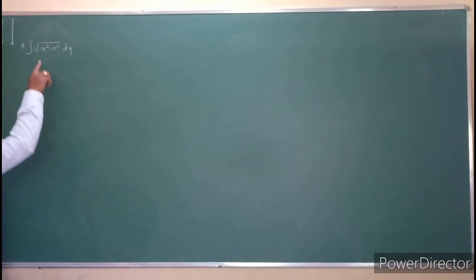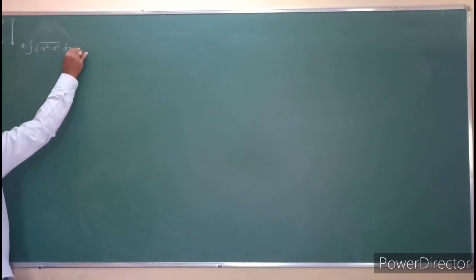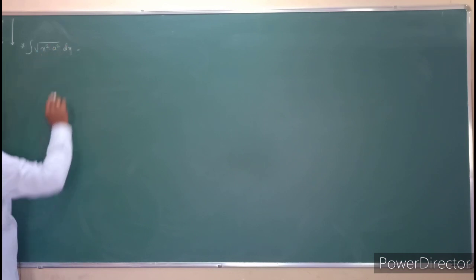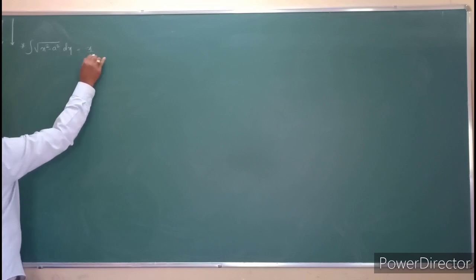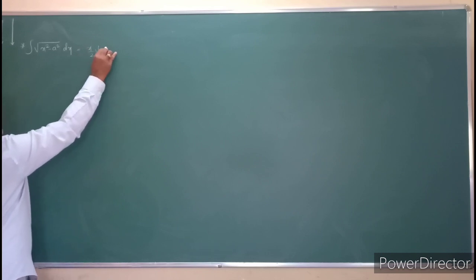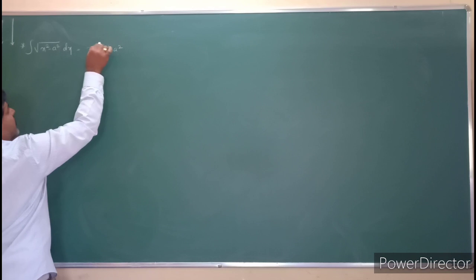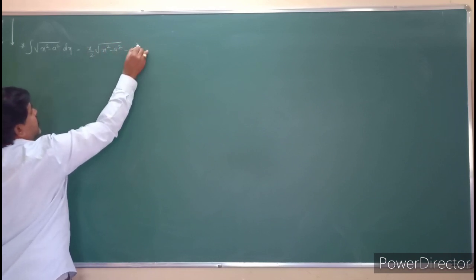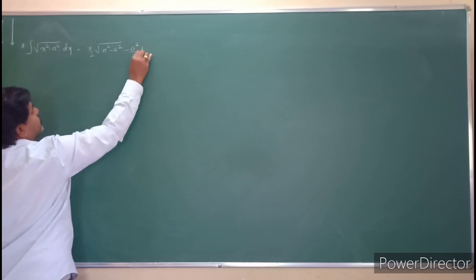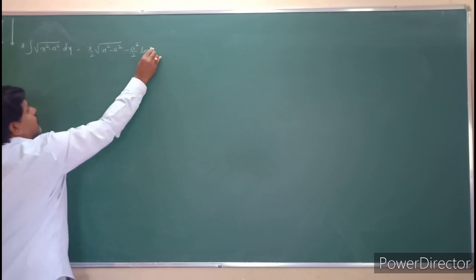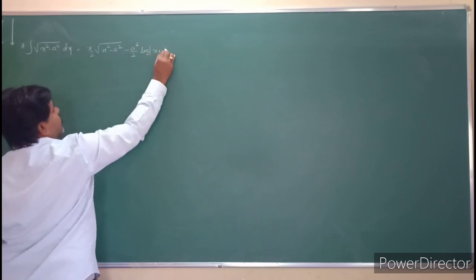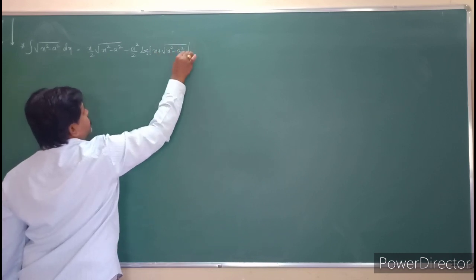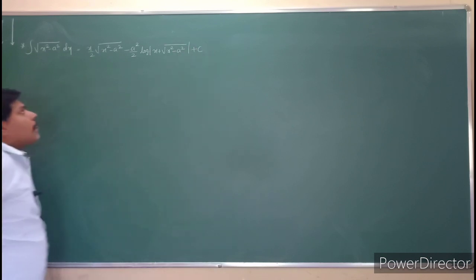Integral root of x square minus a square into dx. That is nothing but x by 2 into root of x square minus a square, minus a square by 2 into log mod x plus root of x square minus a square, plus c.